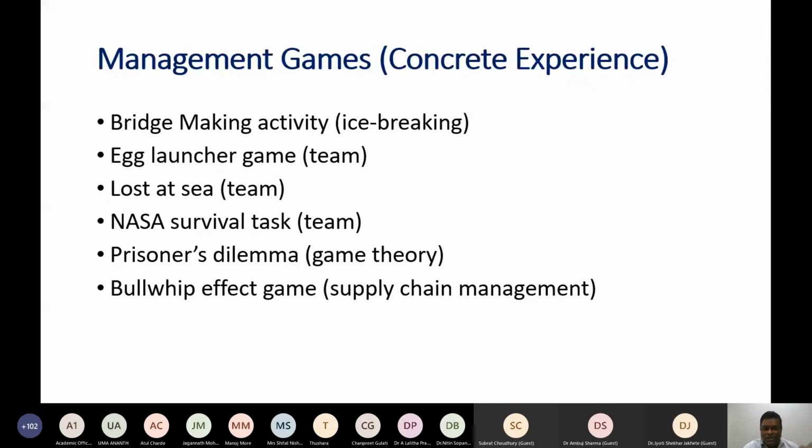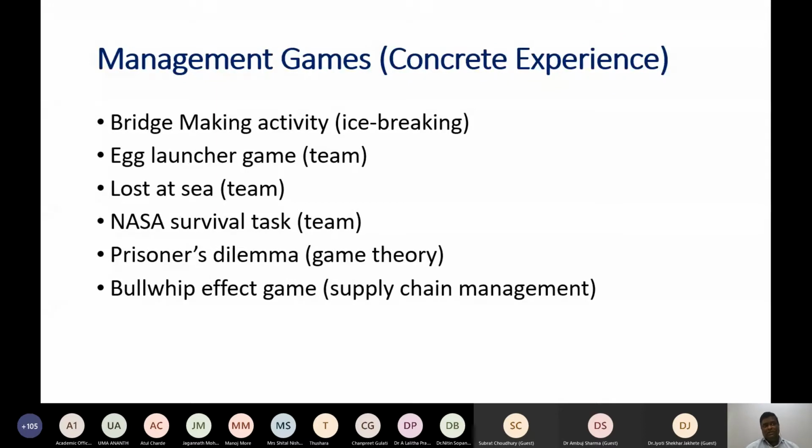Both are similar. The Lost at Sea and NASA Survival Task is a prioritization game. I'll explain, but Prisoner's Dilemma, Bullwhip Effect, both. Prisoner's Dilemma, again, I use to teach some OB concepts like trust, negotiation, environment.